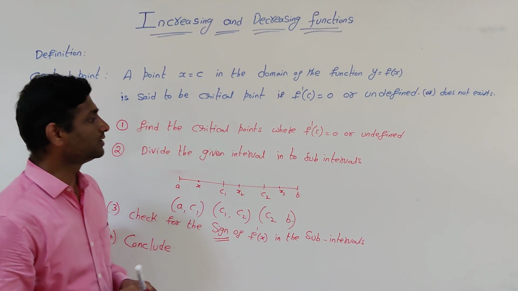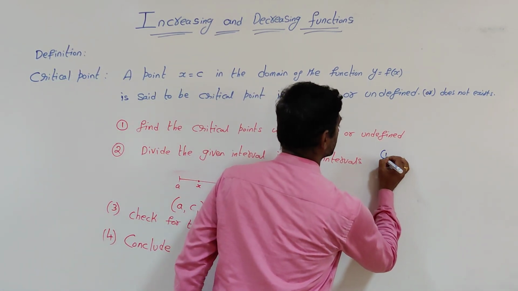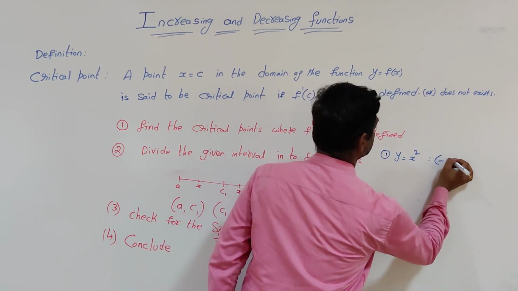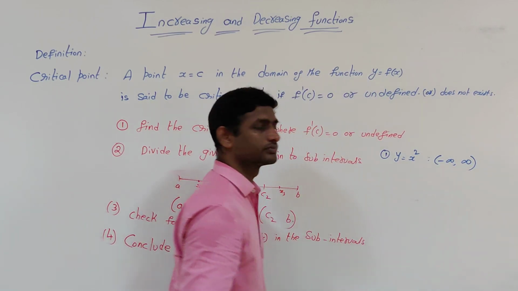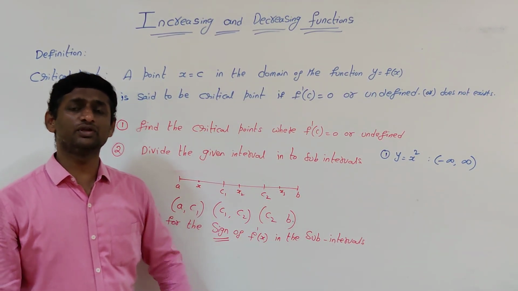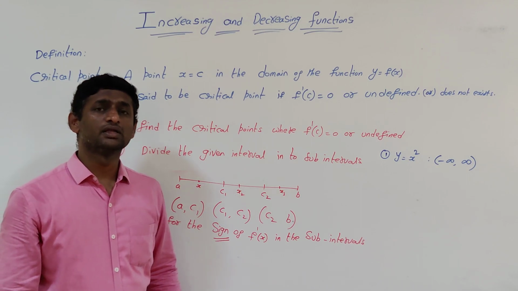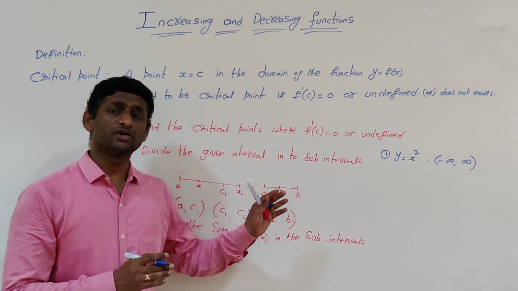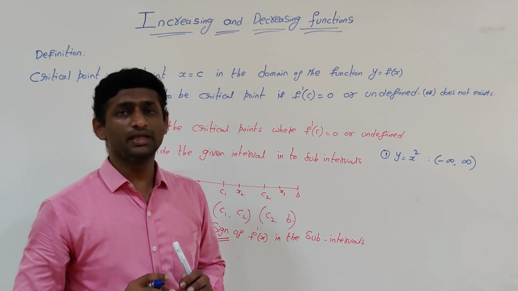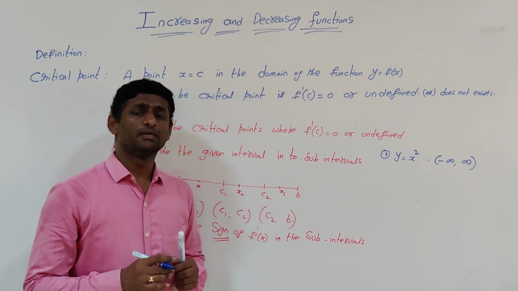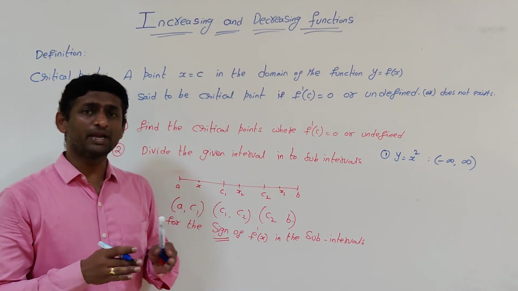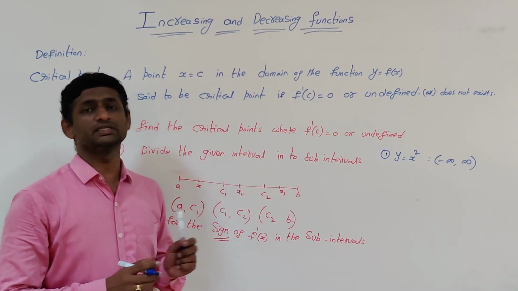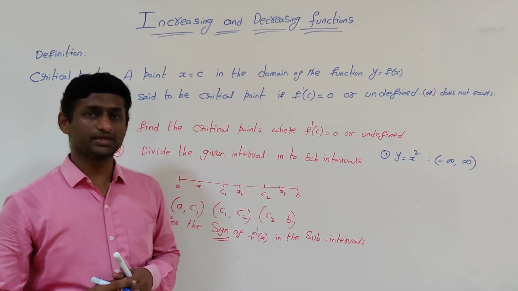For example, as I told you, y is equal to x square defined on minus infinity to infinity. The domain is minus infinity to infinity. But if we consider the entire domain, then this function is neither increasing nor decreasing. But based on the critical points, we can separate the entire domain in such a way that we can find in which interval it is increasing and in which interval it is decreasing.